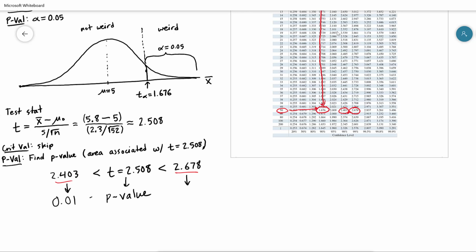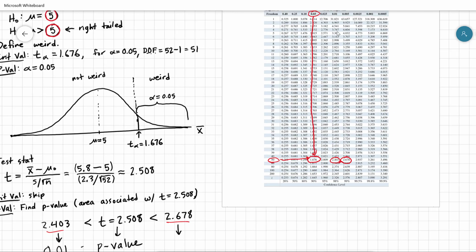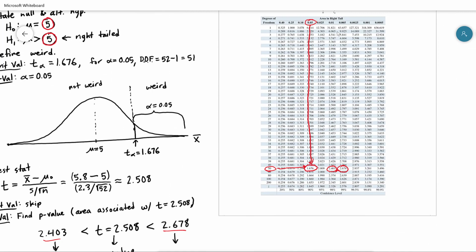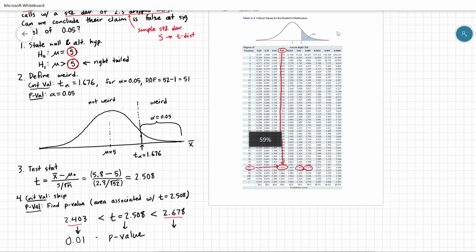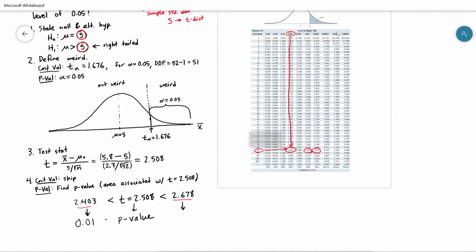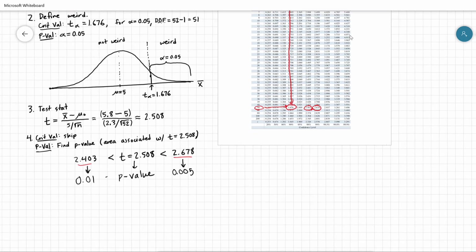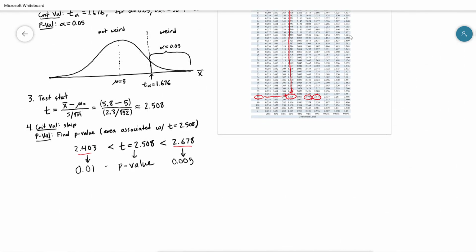And the number associated with the 2.678, let me just zoom out so we can see all of this at once. There we go. The one associated with the 2.678 is this number right here, 0.005. So I don't know the exact value of our p-value, but I know it's between those two numbers.